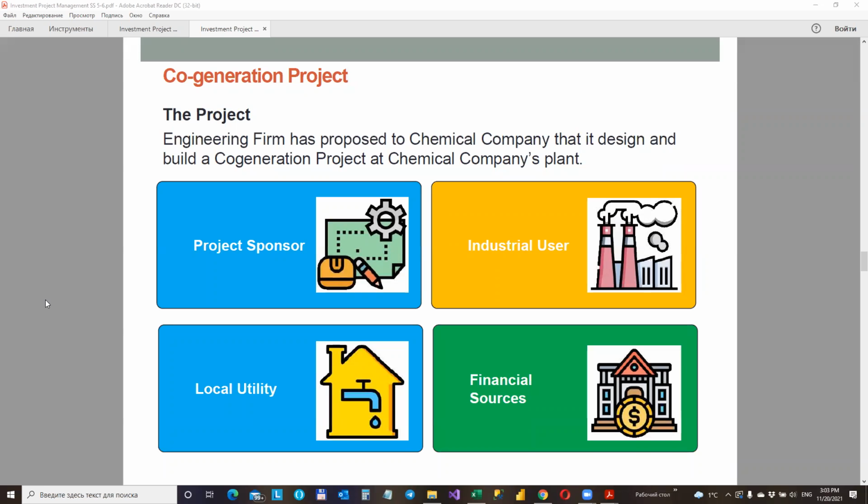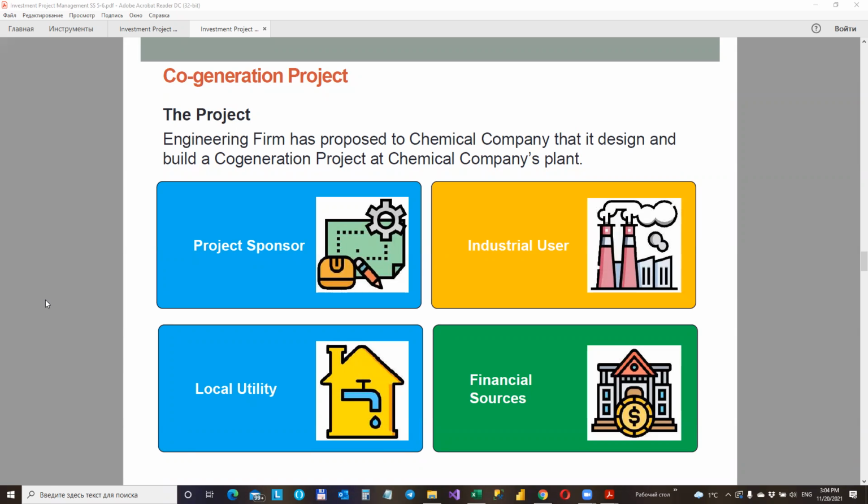It has also formed an unregulated subsidiary for the express purpose of making equity investments.